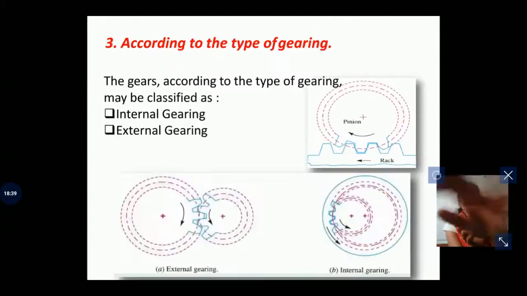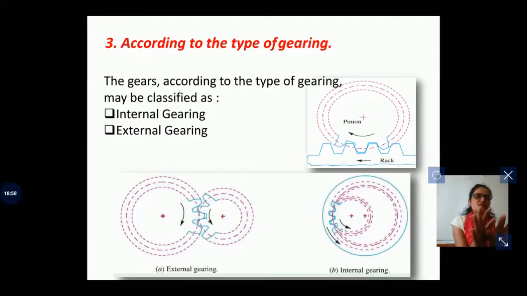Okay. Next is according to type of gearing. According to type of the gearing, this is very important, we have internal gearing and external gearing. Now external gearing we have seen in various ways, in case of toys, in case of any automobile gearbox.